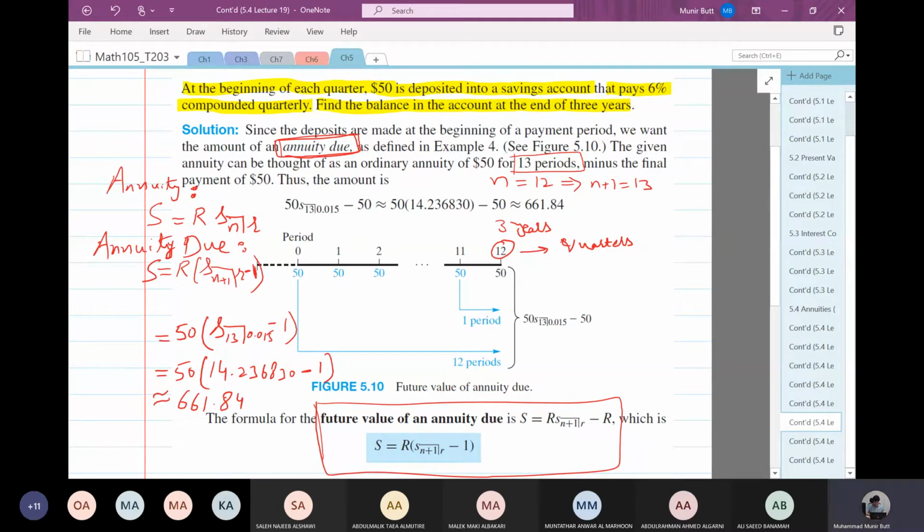So this is the difference between the annuity due and simple annuity, or you can say the ordinary annuity.